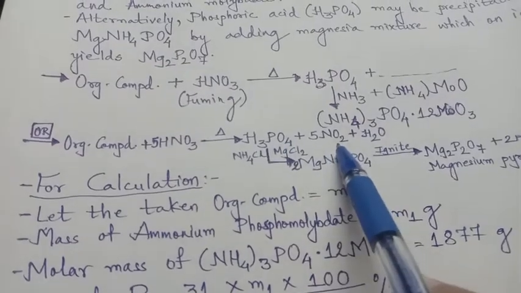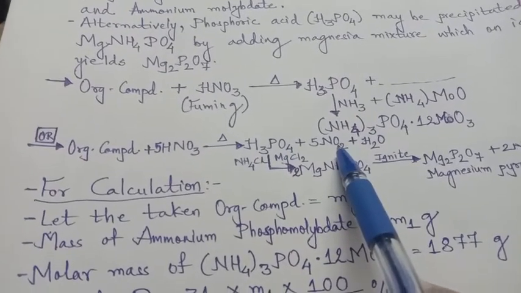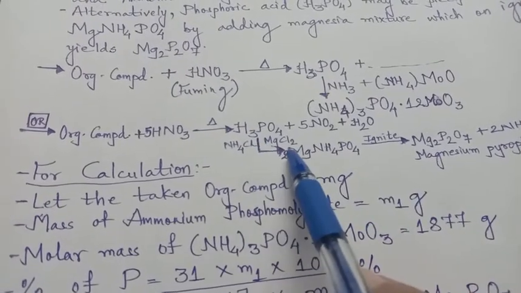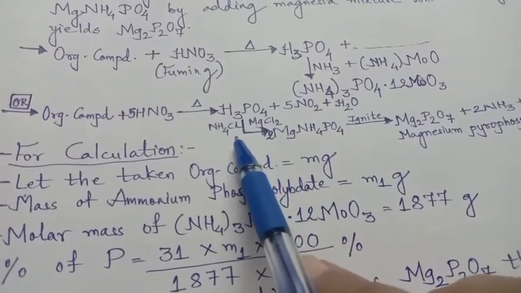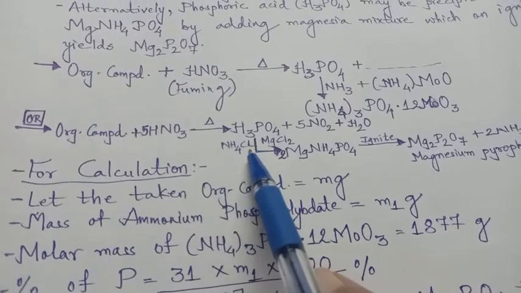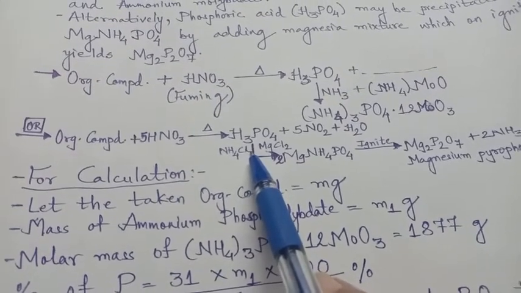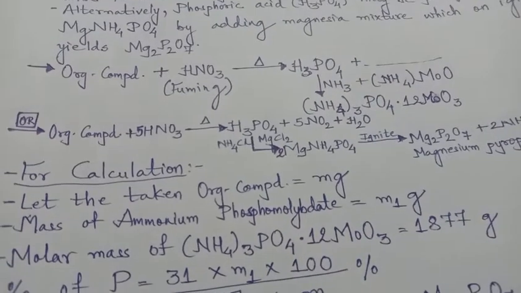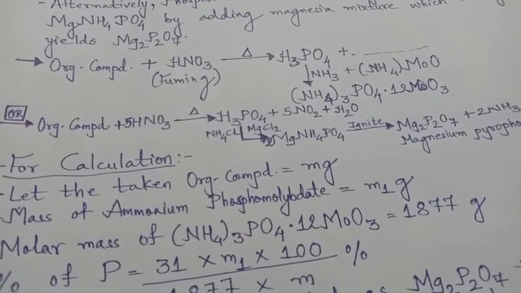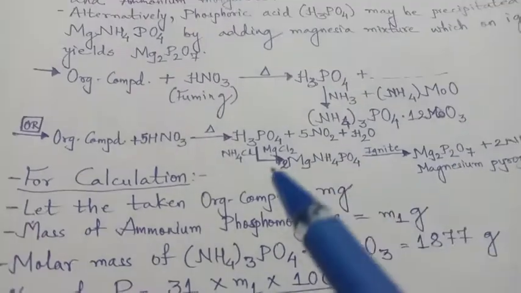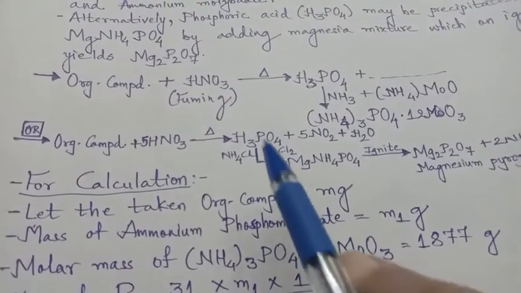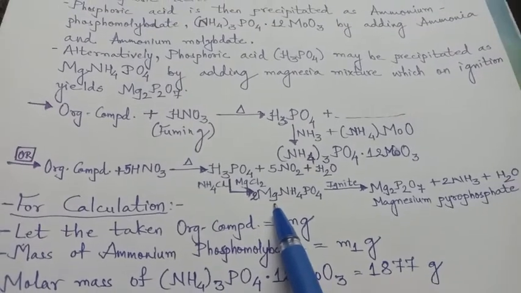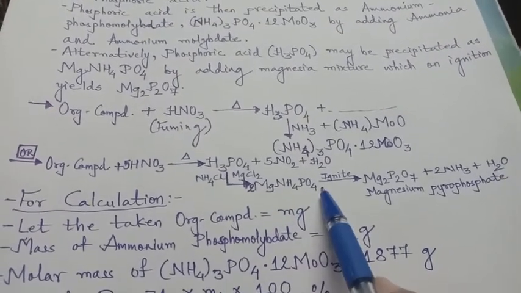The alternate is here: when the organic compound reacts with fuming nitric acid and is heated, phosphoric acid H3PO4 is formed along with nitrogen dioxide and water. And this H3PO4 which is formed is now reacted with ammonium chloride NH4Cl and magnesium chloride. Both ammonium chloride and magnesium chloride react with H3PO4, and thus magnesium ammonium phosphate is produced.